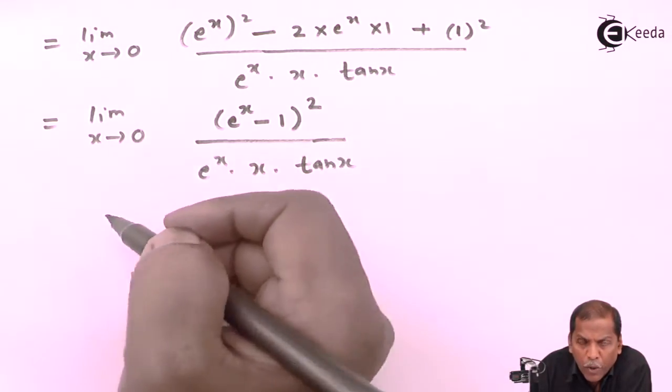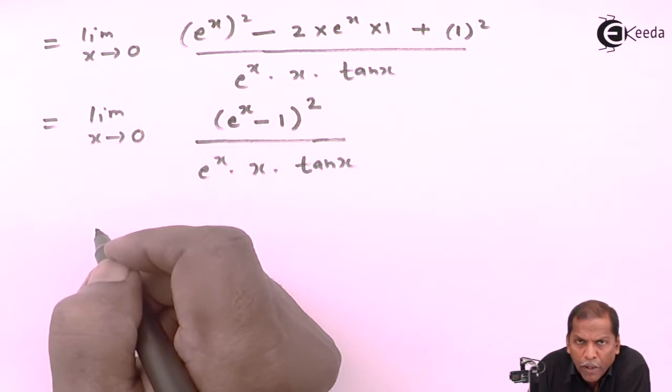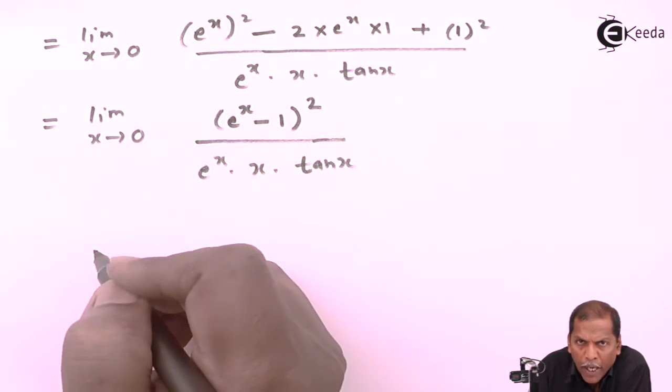Now here, to use the standard rule, we have to divide the numerator and denominator by x^2.